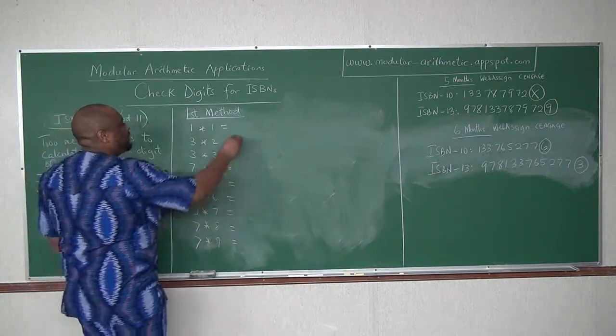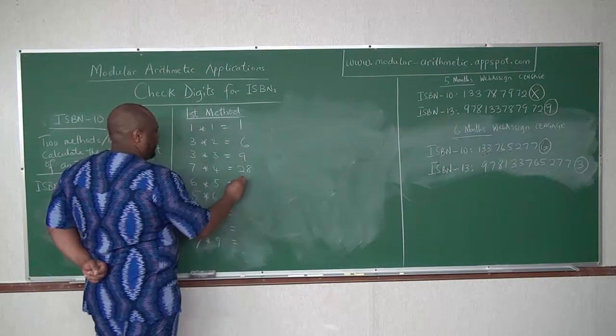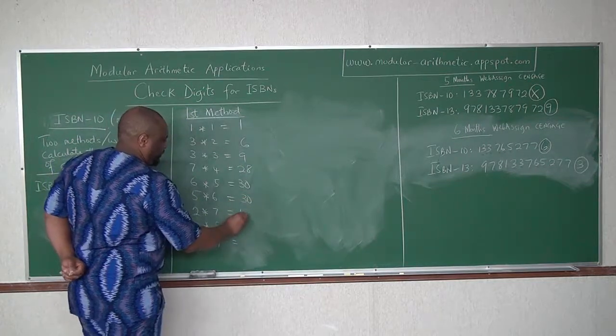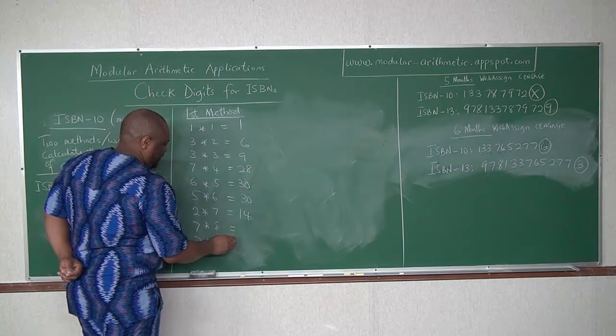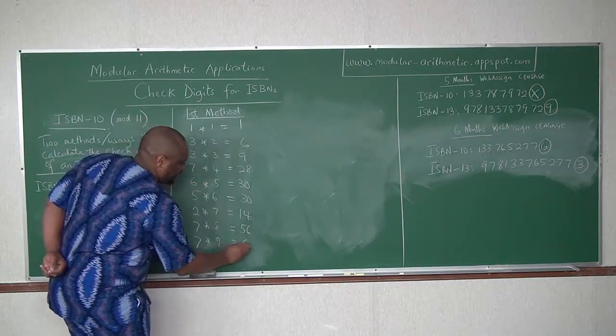Okay, this is 1 times 1 is 1, 3 times 2 is 6, this is 9, 28, 30, 30, 14, 7 times 8 is 56, 7 times 9 is 63.